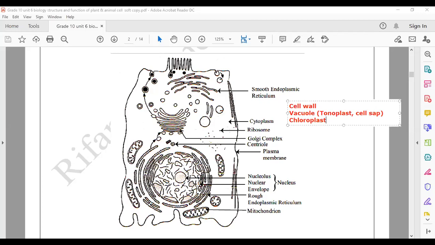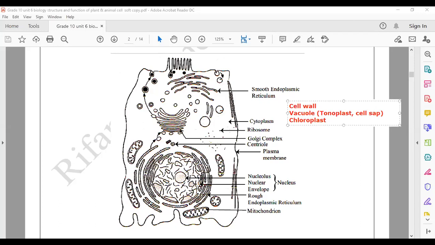Correct? In opposite, there's one thing in the animal cell you can't see in the plant cell. What is that? Centriole.